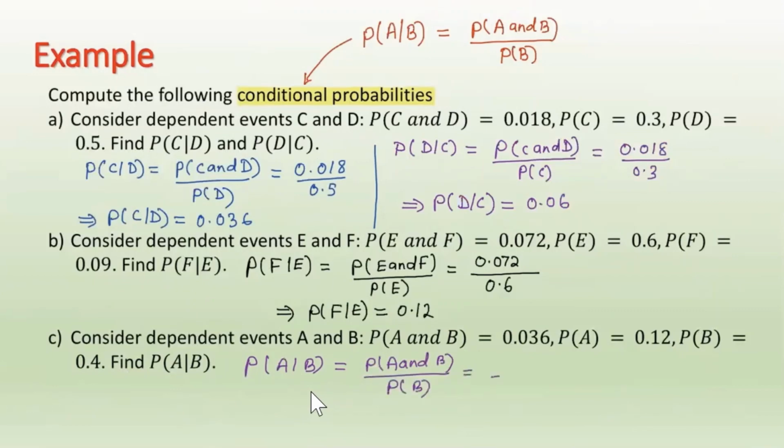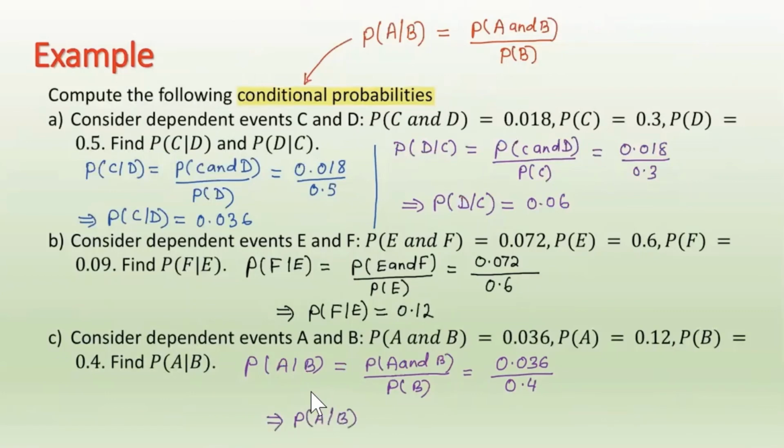Now it's your time to read again. What is the probability of A and B given in the problem? 0.036. Very good. And what is the probability of B? Go for it. 0.4. Thank you so much. Now simplify that in calculator and give me the answer.